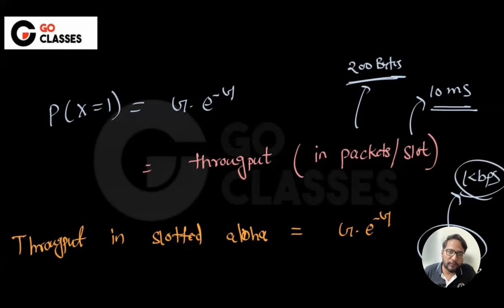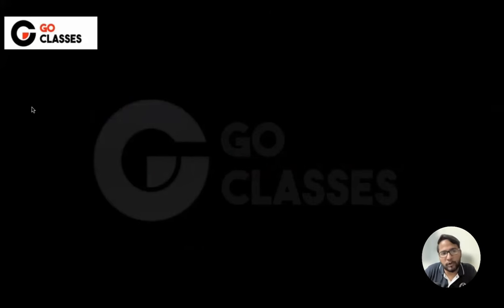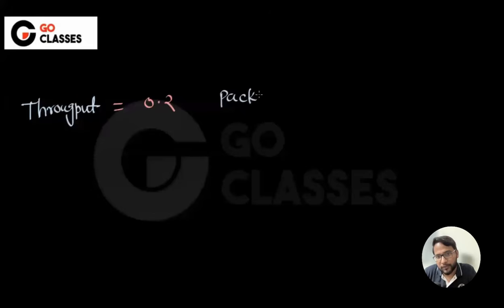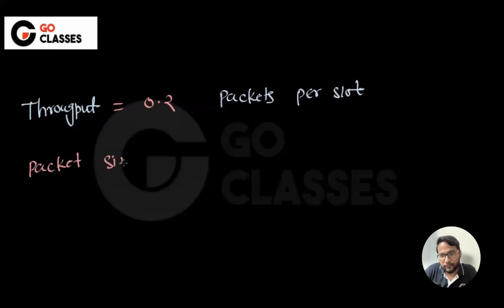So for example, I say that throughput is, anyway we will be having the questions, let's suppose 0.2. Suppose I say throughput is 0.2 and I am saying it in packets per slot. Now this packet size is also given to you, let's suppose 200 bytes.